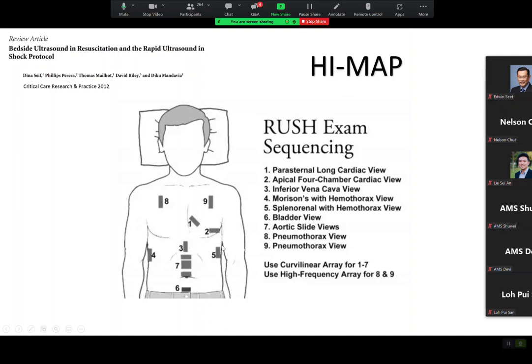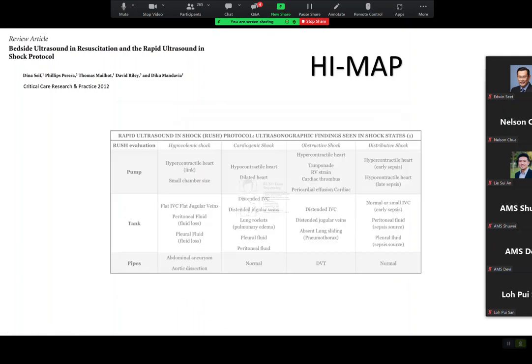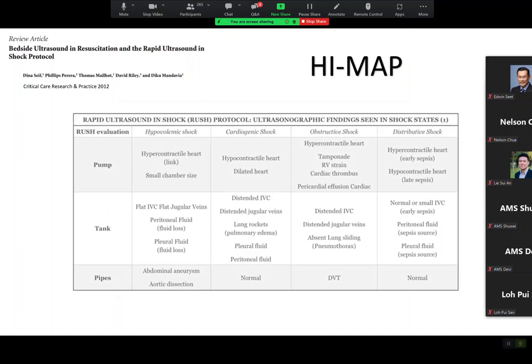So the RUSH exam essentially involves scanning of the heart, the lungs, the abdomen, and the aorta. Can also think of it in terms of pump, tank, and pipes. The pump is the heart, the tank is your fluid status, and the pipes are your large vessels and veins.